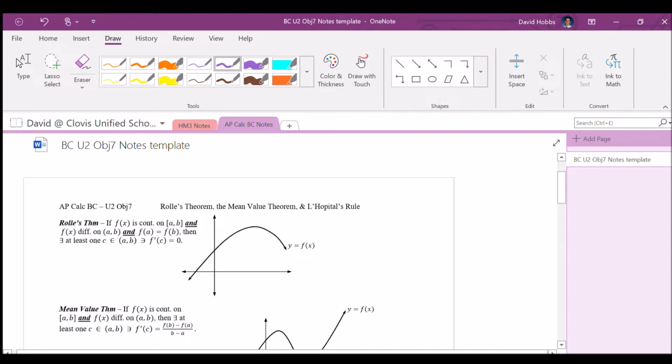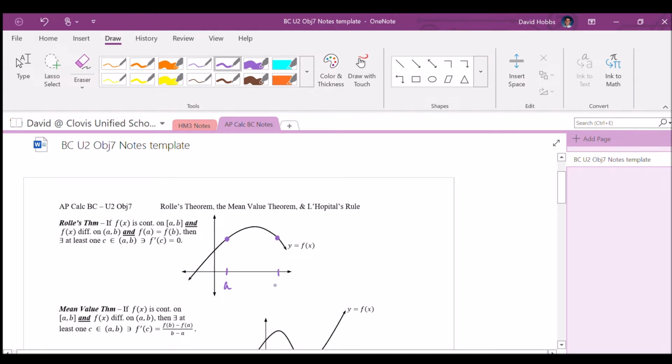Okay, so before I finish off Rolle's theorem, let's pick that out. The key is picking out an a and a b value where the y coordinates that go with them are equal. So let's say that a is here, which means I want to make sure that b has the same elevation.